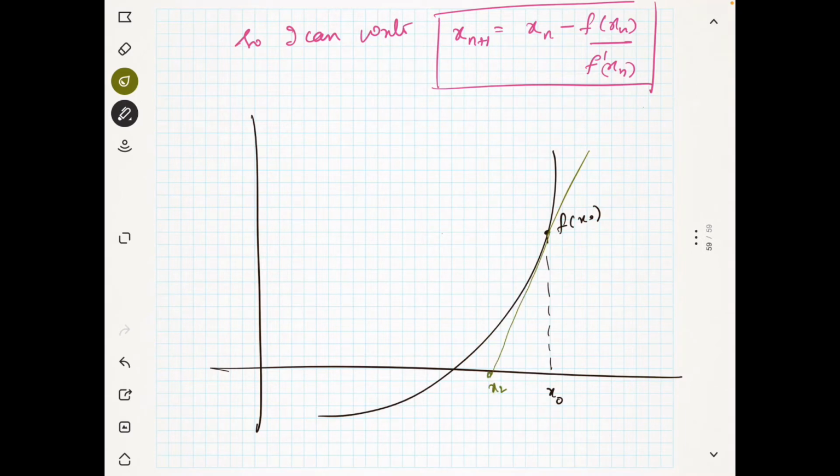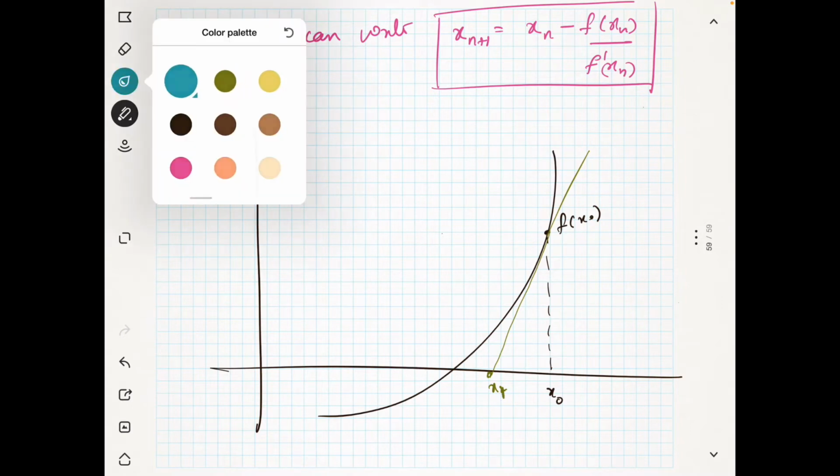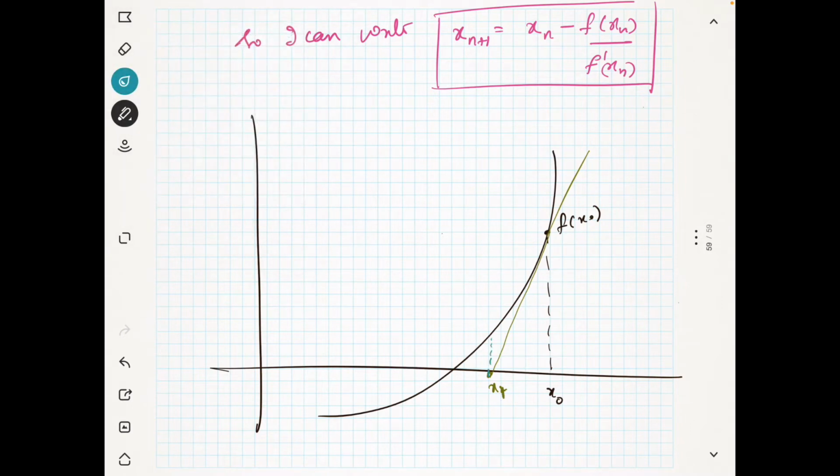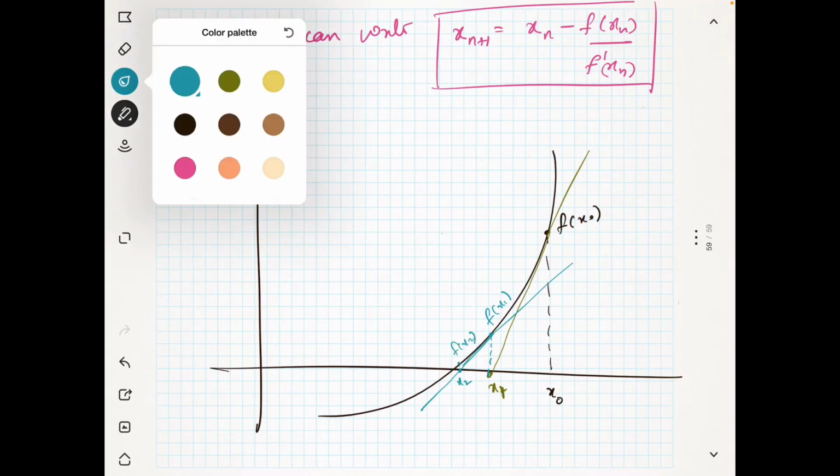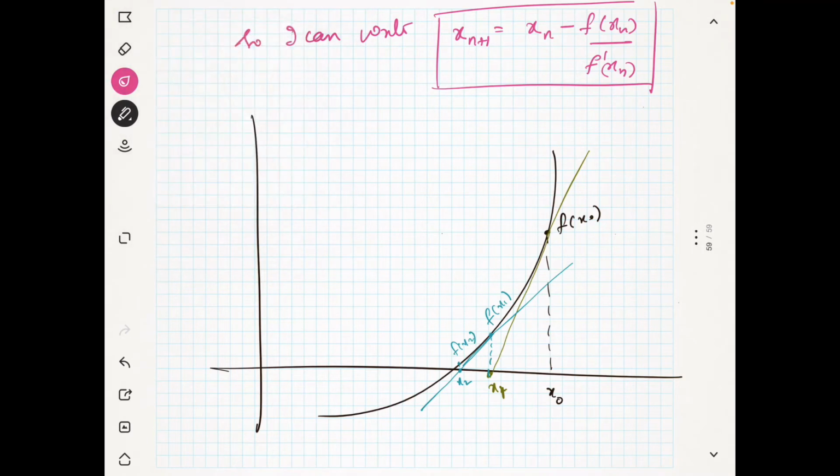This is my x1, and from x1 I can find my f of x1. Then I will draw another line here. Now I got x2, and from x2 I will find my f of x2. Next I will move towards this. Again I will draw a line. So you see I am moving towards the solution.